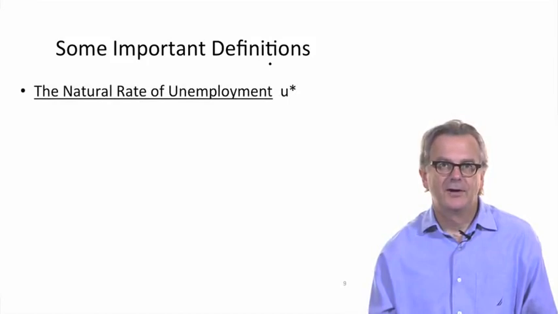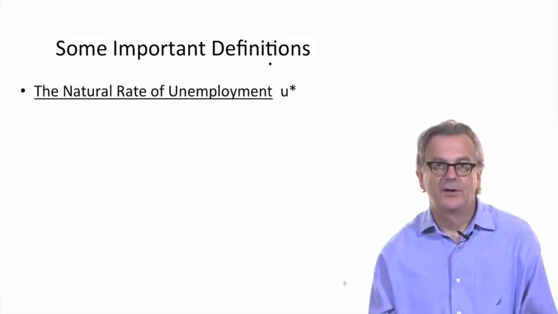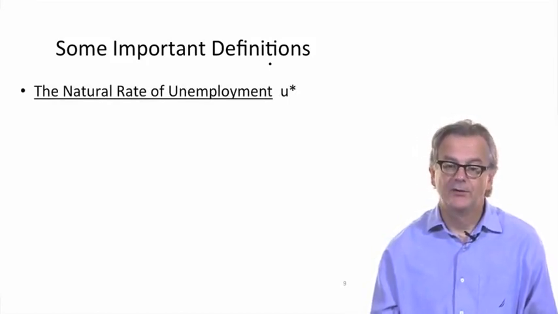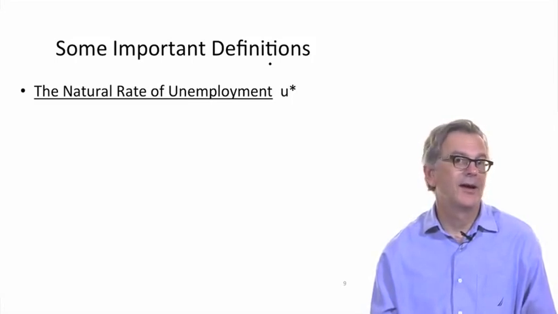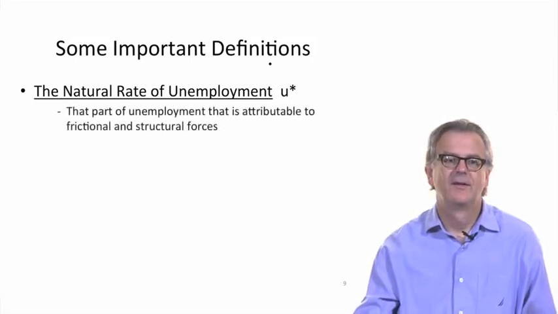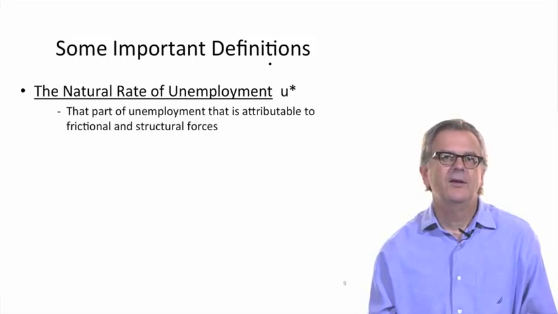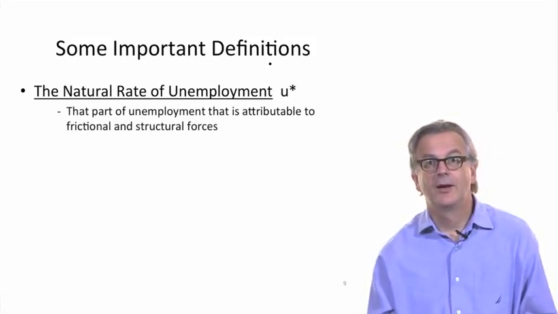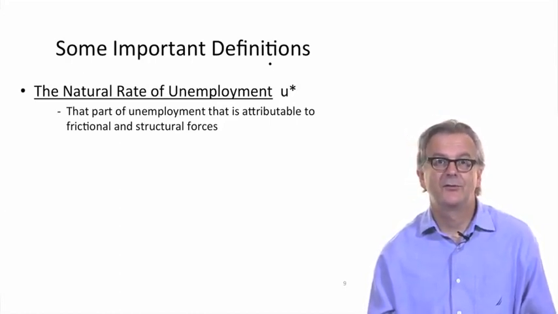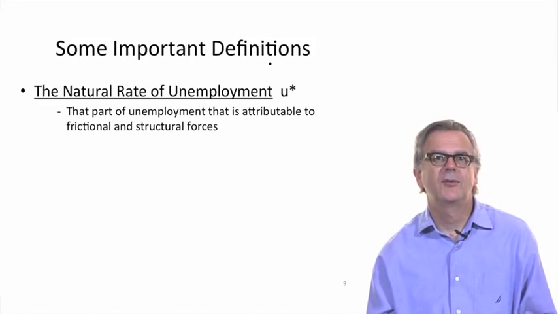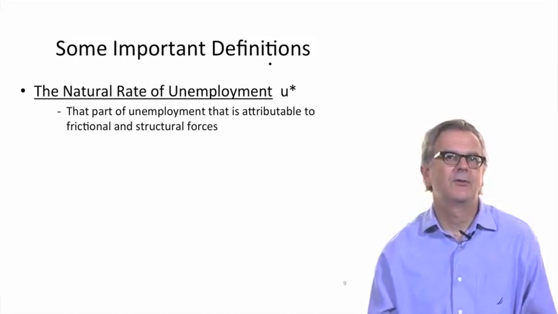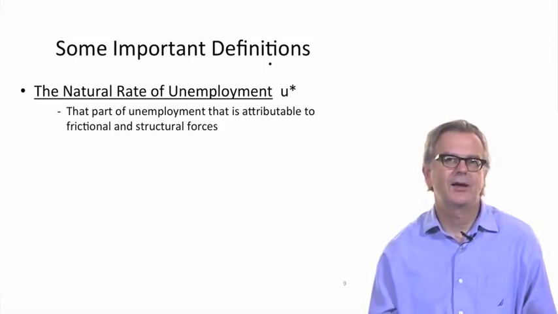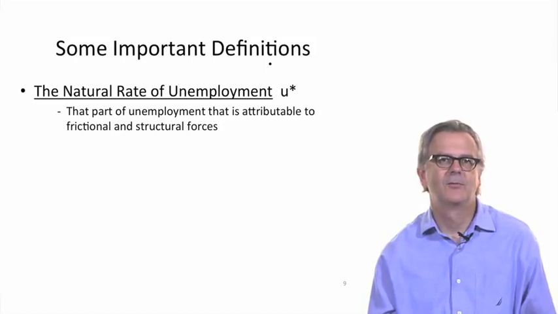The natural rate of unemployment, which I will notate using U for unemployment and a little asterisk, U*. You can think of the natural rate of unemployment as being that part of the overall unemployment in the economy that is attributable to frictional and structural forces. Or to put it another way, it's that part of unemployment that is unrelated to what is happening in terms of the business cycle.